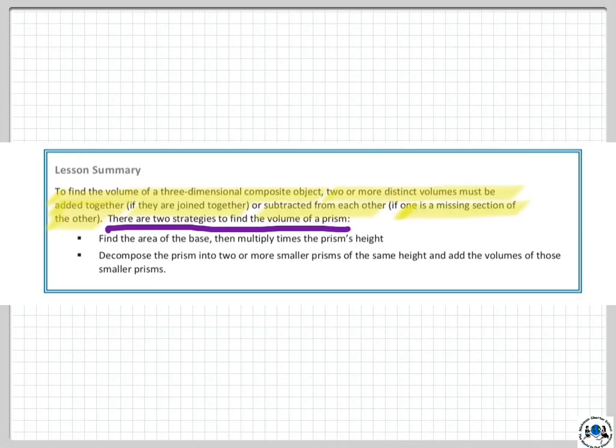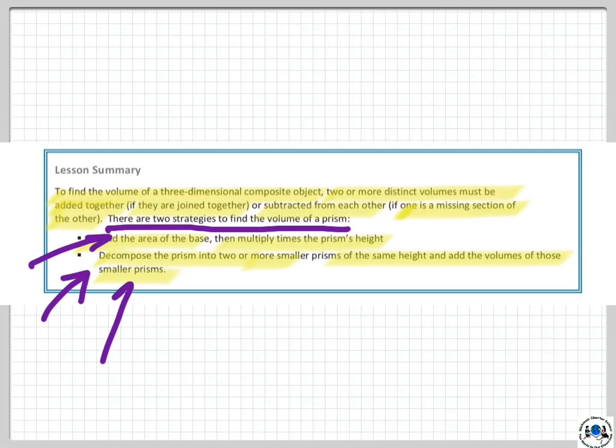You can find the area of the base and then multiply times the prism's height, which is that really quick way that we've loved so much, or to decompose the prism into 2 or more smaller prisms of the same height and add the volume of those smaller prisms. Okay, now there's nothing to say you can't use this strategy here when you're doing that, in fact. Yeah, decompose or look at it all as one.